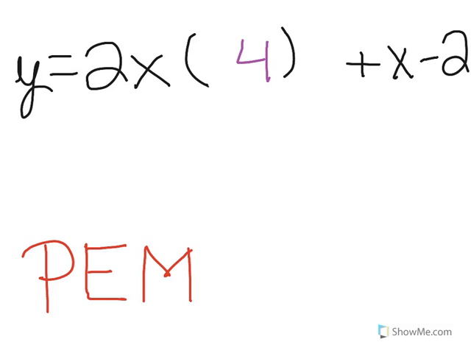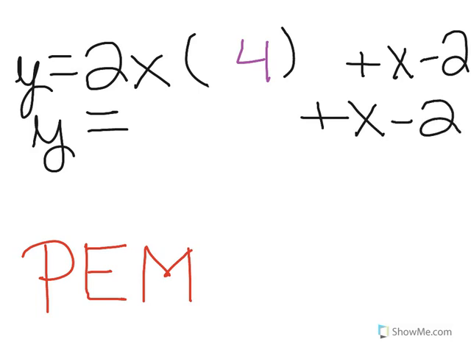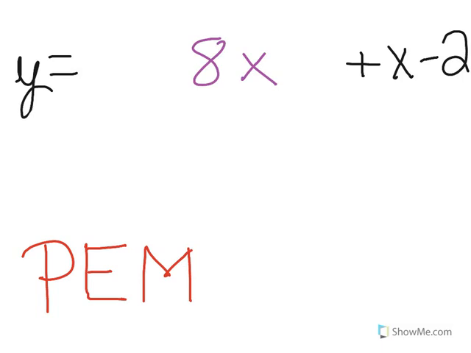Anything that is not multiplication, I simply rewrite. 2x times 4 is equal to 8x. So now I've done the multiplication.